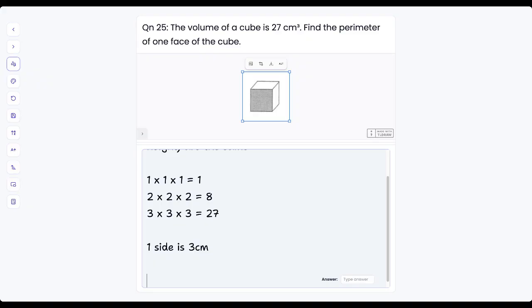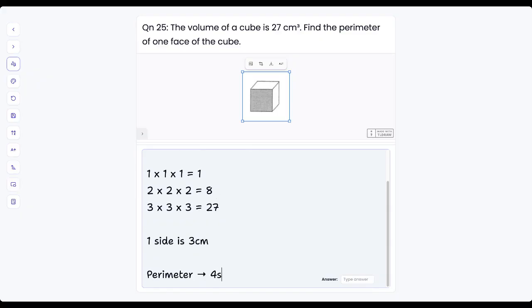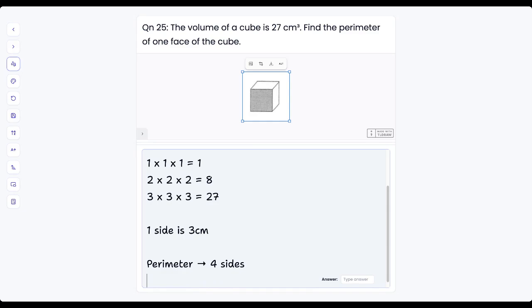The perimeter is equal to 4 sides. So 4 sides is equal to 4 times 3, which is 12 centimeters. There you go. So that's the answer, 12 centimeters.